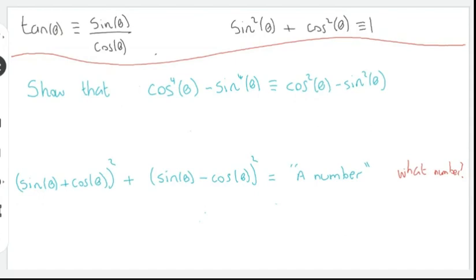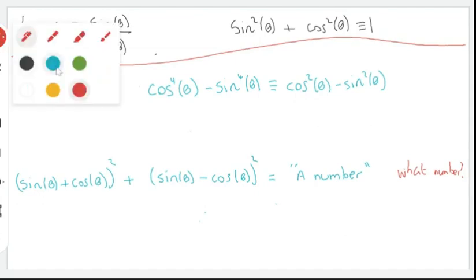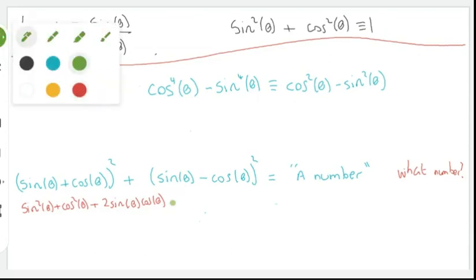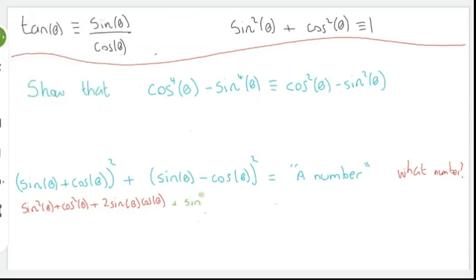So what did you get when you expanded the first one? Would that just end up being 2? I got sine squared theta plus cosine squared theta plus 2 cosine theta sine theta. And for the second bracket, I got sine squared theta plus cosine squared theta minus 2 cos theta sine theta.